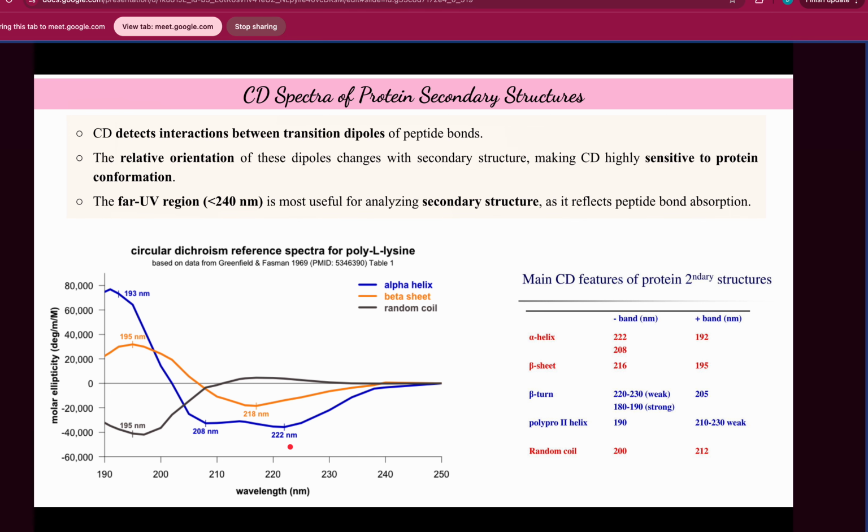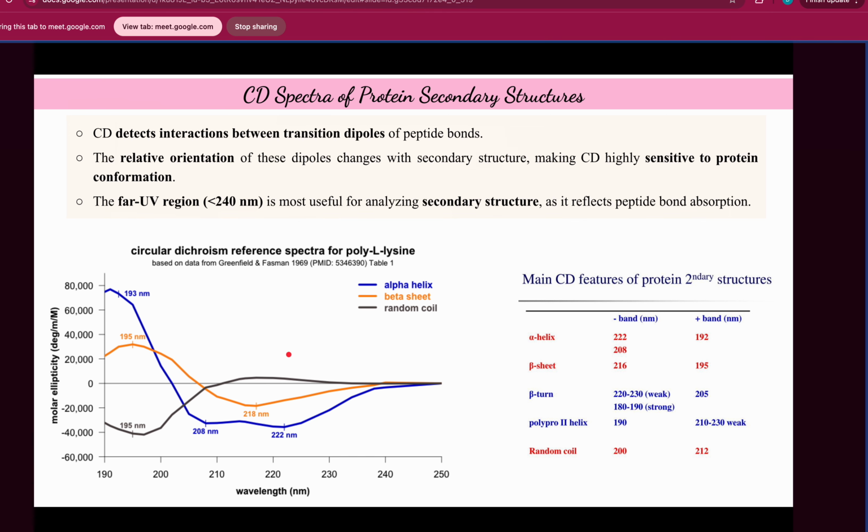In the case of beta sheet, it has a positive peak at 195 nanometers and a negative peak at 218 nanometers. Whereas if it adopts the random coil structure, then it has a negative peak at 195 nanometers.